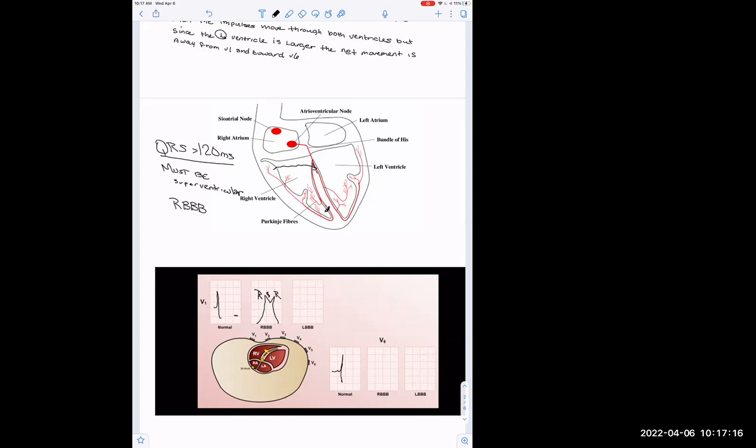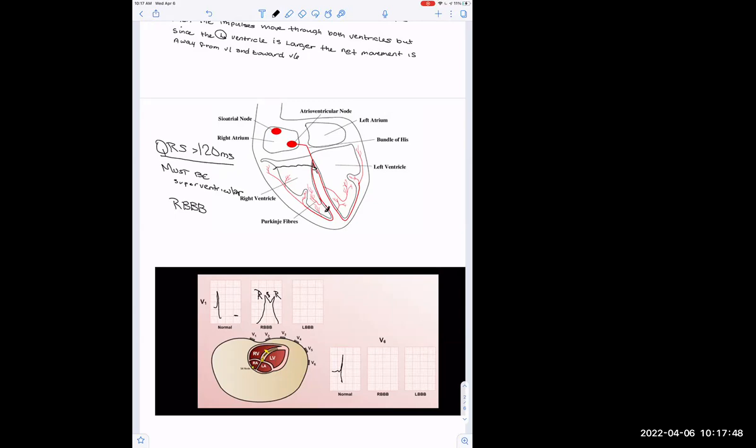One of my friends, I love in his presentation, he says, bunny ears are for suckers. Bunny ears do not always indicate a right bundle branch block. What actually indicates a right bundle branch block is that QRS duration being widened. So what constitutes a bundle branch block is a widened QRS and not this morphology of rabbit ears.